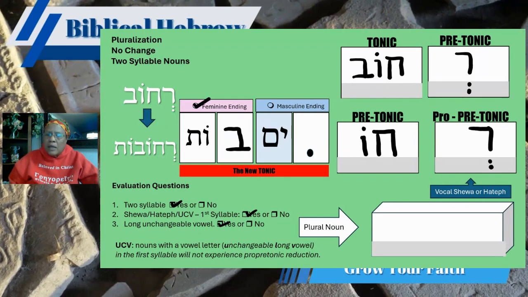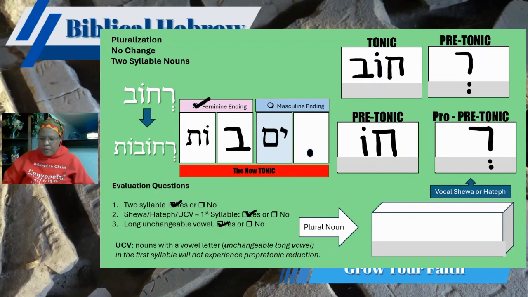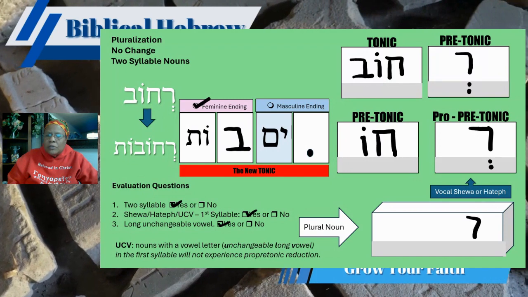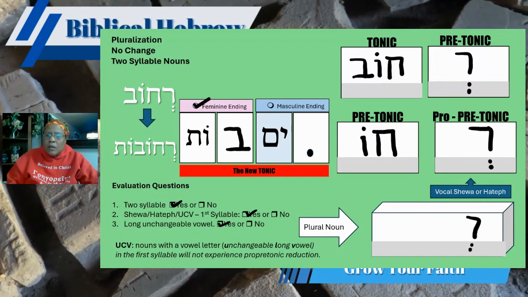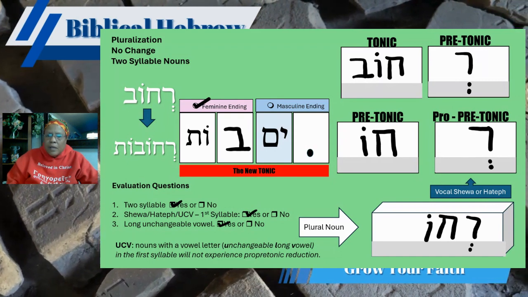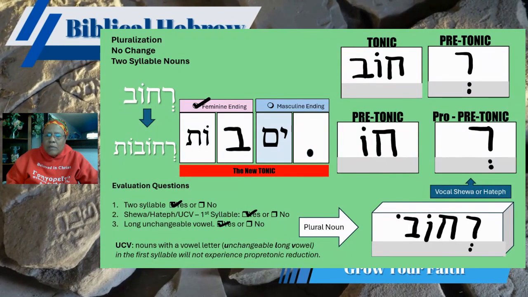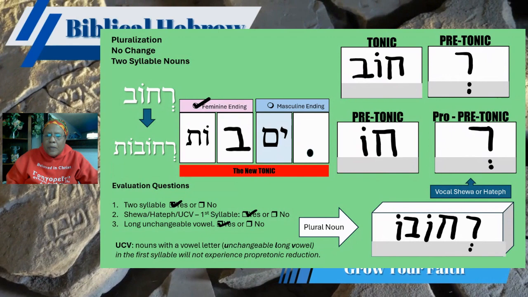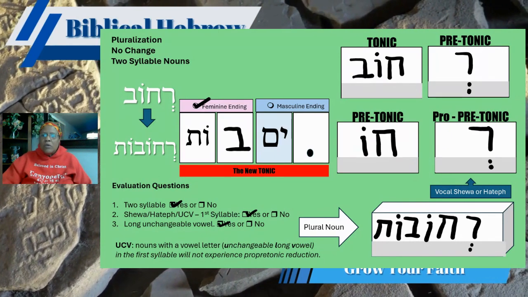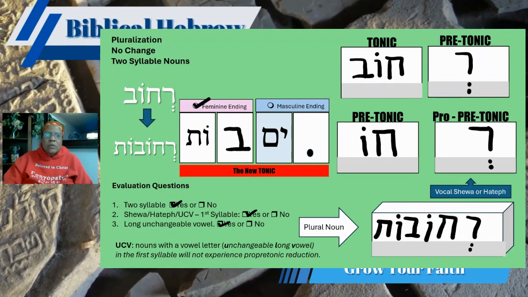Okay, pulling it all together. So we have resh, chet, hataf vav, vet, hataf vav, ending with a tav for the plural ending. So, rahovot. All right.